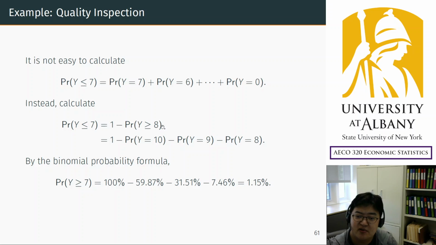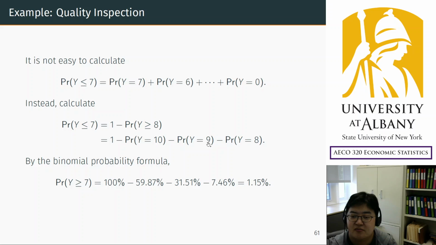So this is the probability of accepting the batteries, right? And if you know the probability of accepting the batteries, then automatically you can calculate the probability of rejecting them. Because the probability of accepting is easier to calculate, I'm going to take this way. y greater than or equal to 8 includes only 3 probabilities.